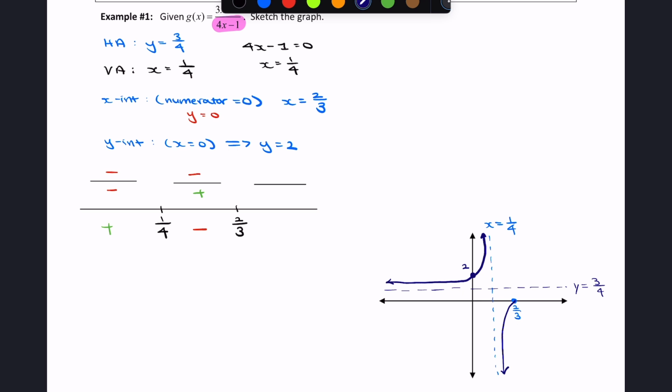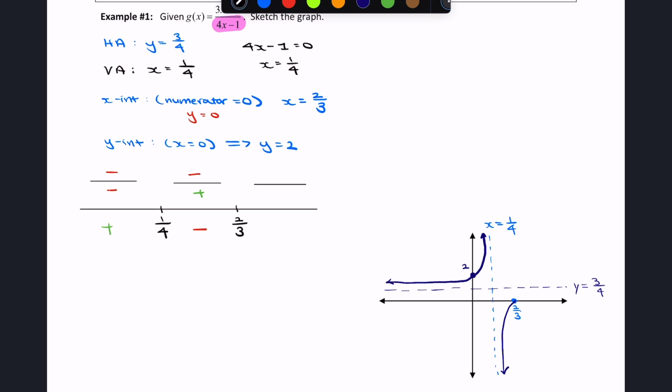It is negative, so below the x-axis. It starts from, again, negative infinity, and we'll hit 2 over 3. Here we can see that again, it has to be close to 3 over 4, so we can understand that it would have to be positive, or above the x-axis, for everything that's greater than 2 over 3.